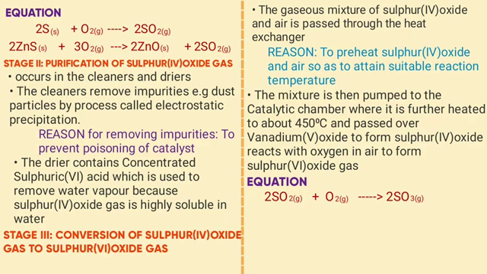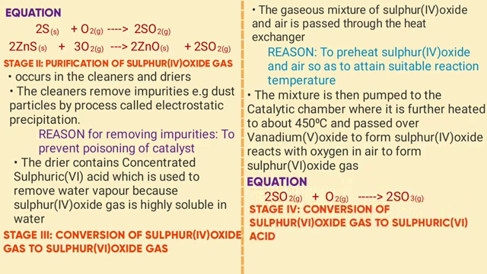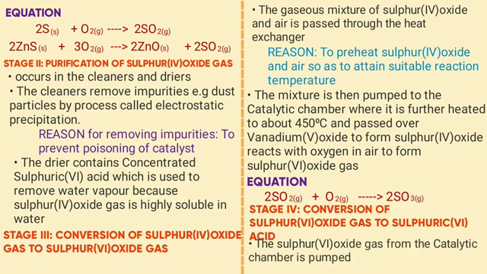Now, we have stage 4, which is conversion of sulfur (VI) oxide to sulfuric (VI) acid. The sulfur (VI) oxide formed at the catalytic chamber is pumped back to the heat exchanger, where it is cooled, and then it is absorbed by concentrated sulfuric acid at the absorption tower to form oleum.